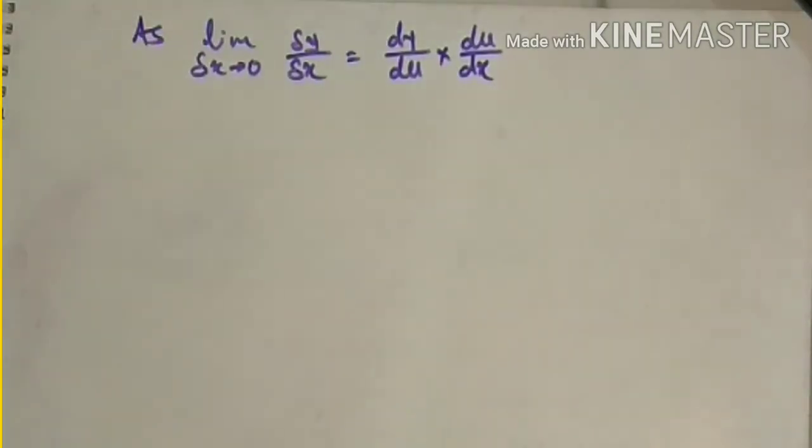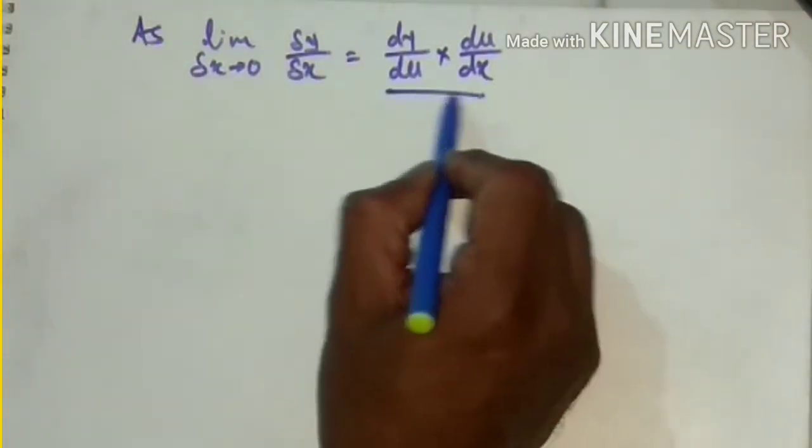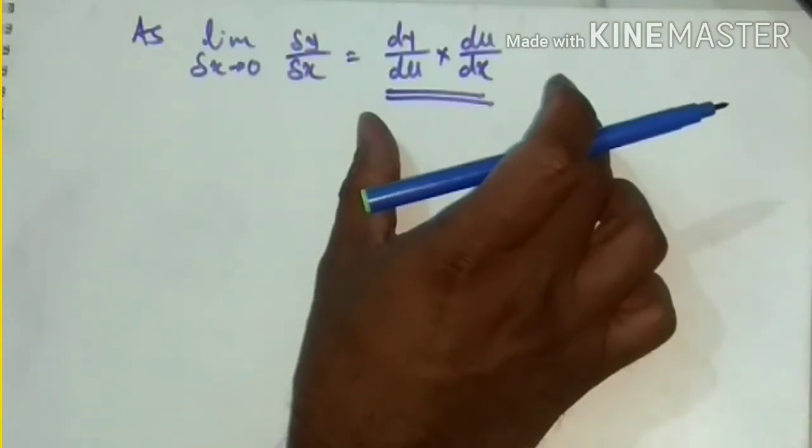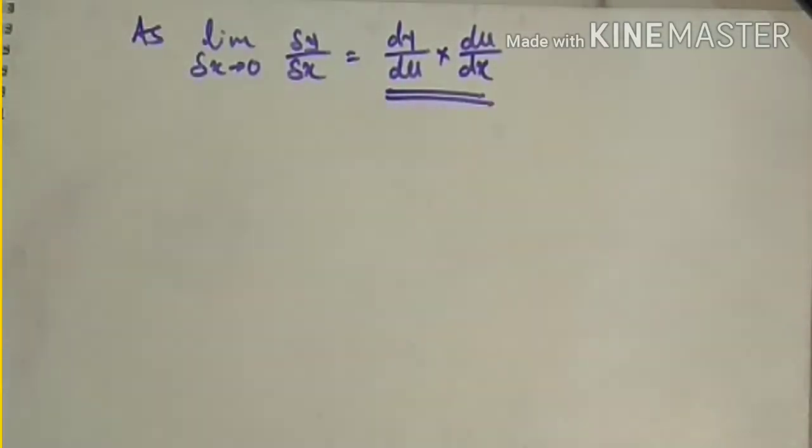If you see carefully, then we will understand the right hand side of this equation exists.